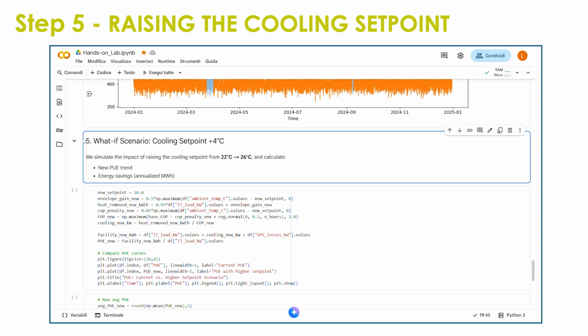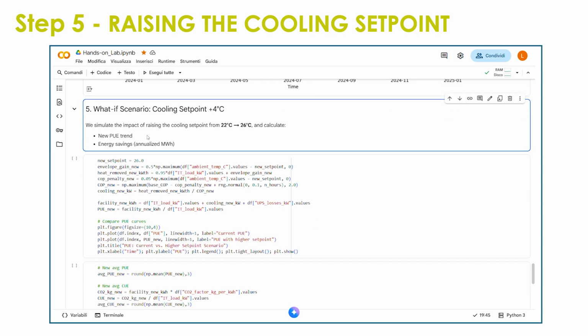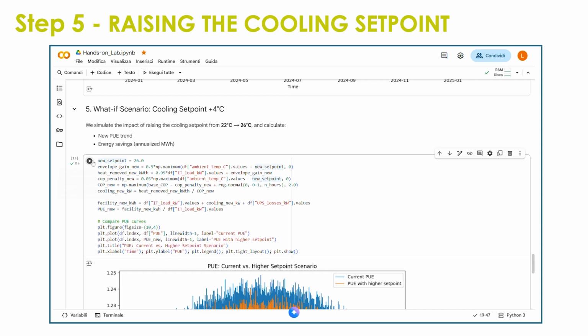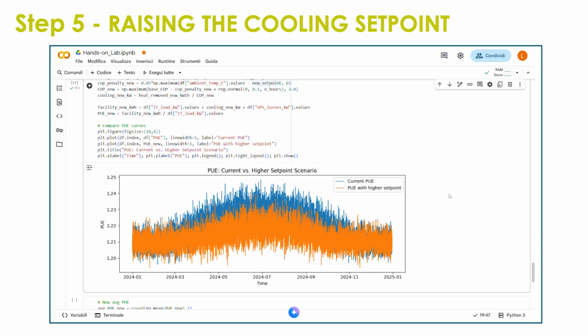The last and final step of this hands-on lab session deals with a what-if scenario simulation. We want to understand the impact of raising the cooling set point to, in this case, 26 degrees. Then we will calculate the new PUE, and we will try to understand what the energy savings are. In the code, similar to what we have done before, we define the new set point at 26 degrees and calculate the metrics for this new configuration.